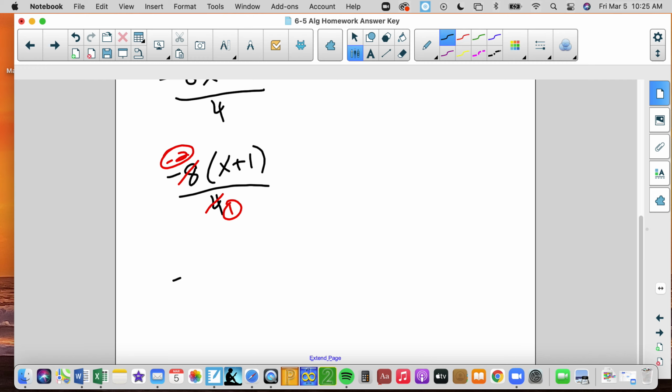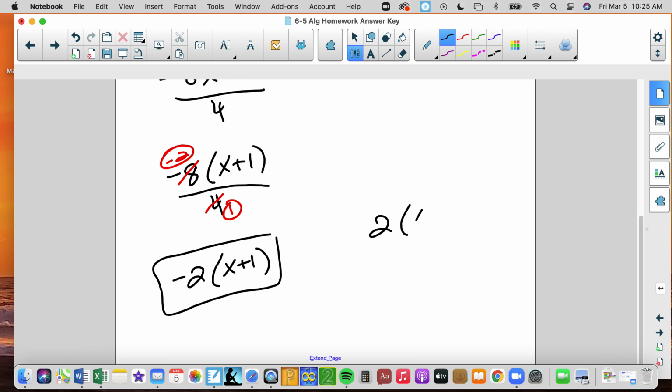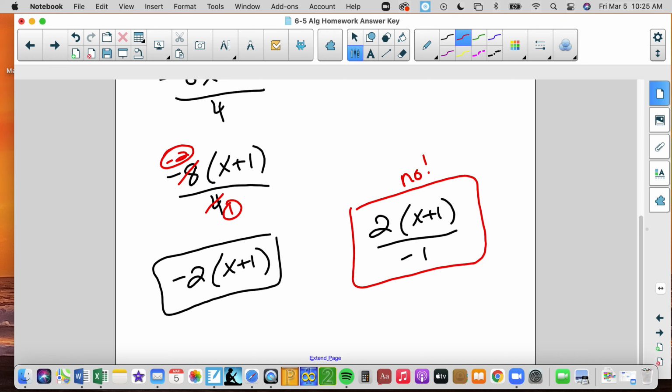And so we get negative 2 times x plus 1 would be our answer. We would not push that negative to the denominator because my denominator is 1. We would never write that. No, because we could push that up and write it as a whole number as opposed to a fraction.